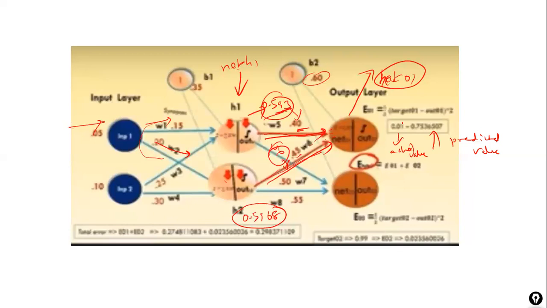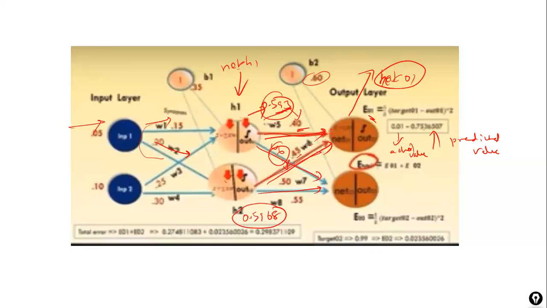So next one is, yeah, here they've given the E O1, right? So this is the actual value, this is the predicted value. That is your error 1. Similarly here, you have the actual value and the predicted value. The same way, if you compare, in this case, we need to take this one and this one, right?